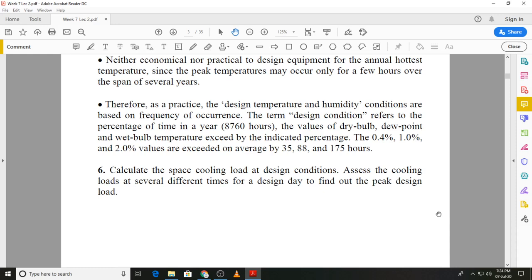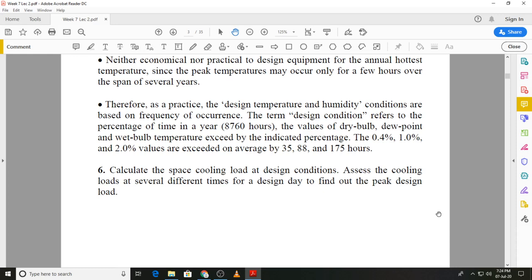It means that of a total of 8,760 hours in a year, it is possible that 0.4% of the time, that is 35 out of 8,760 hours, the outside temperature may be higher than the temperature that we selected. But 99.6% of the time our plant will give us the desired service in terms of the load that we have.